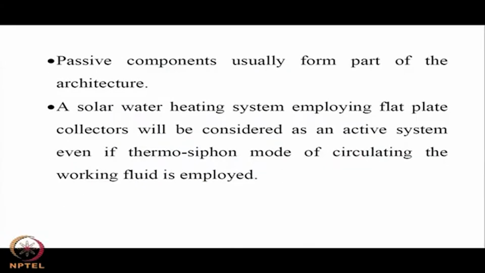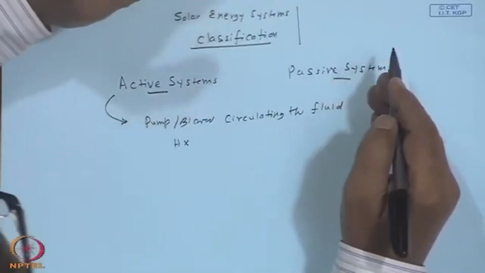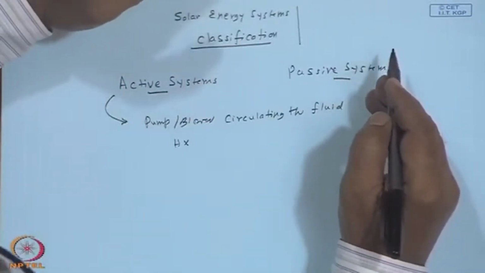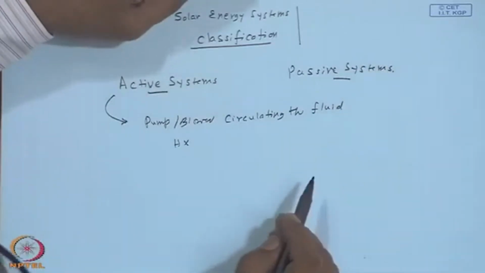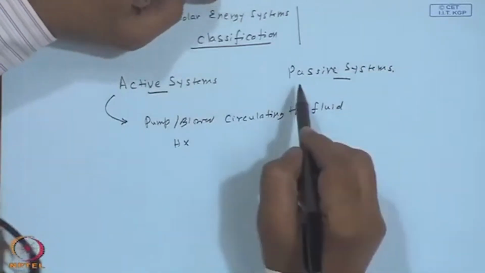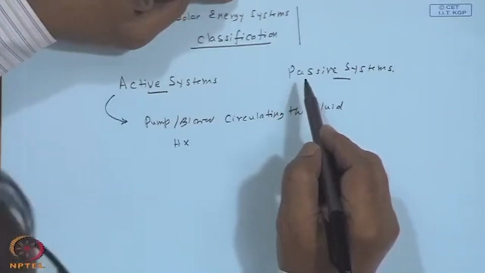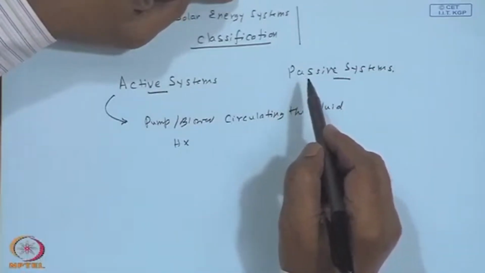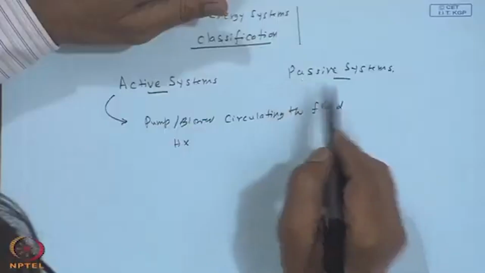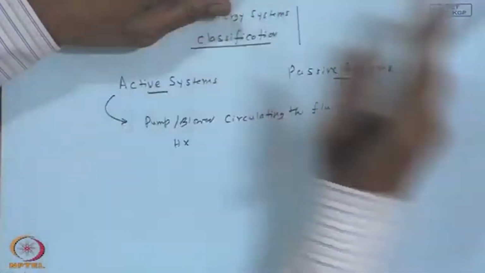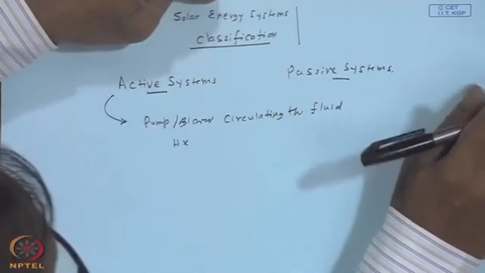Then another way people try to clarify, saying that a passive system is a part of the architecture. It may or may not be a part of the architecture, in the sense that in the building, if you house flat plate collectors along with the roof or along with the tilted roof and then circulate the water, still it will be considered as an active system, compared to whatever is independently installed over a rooftop or even on the ground floor.